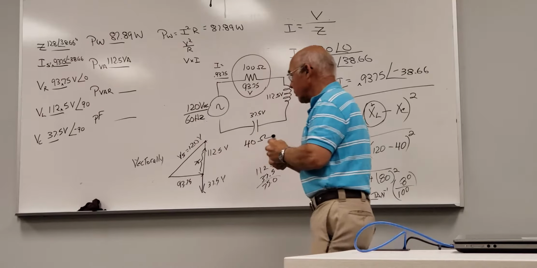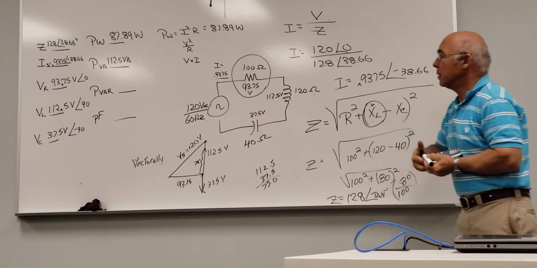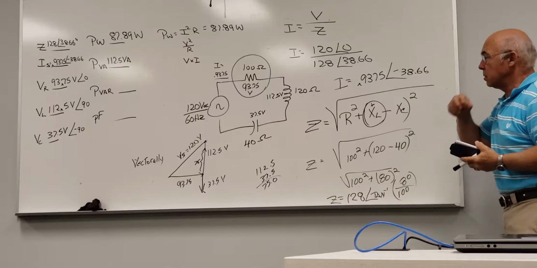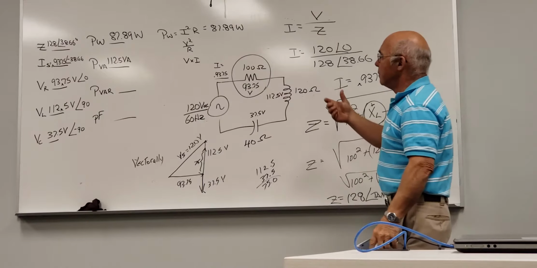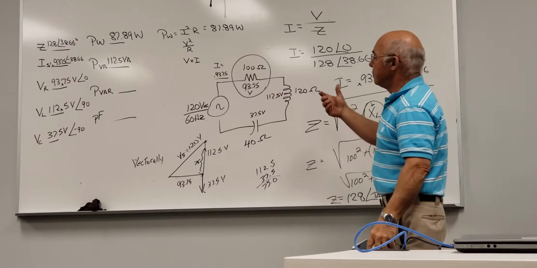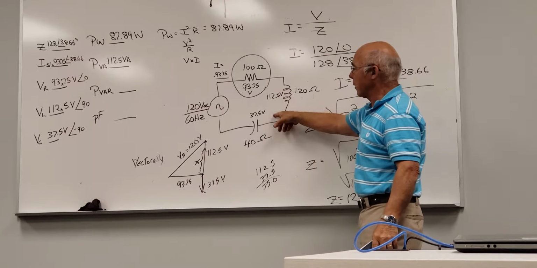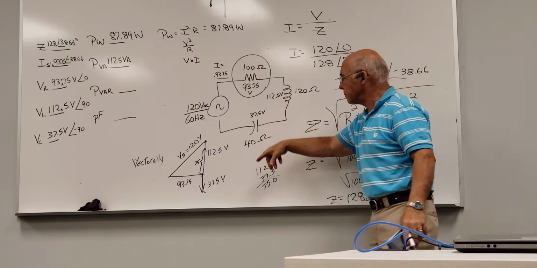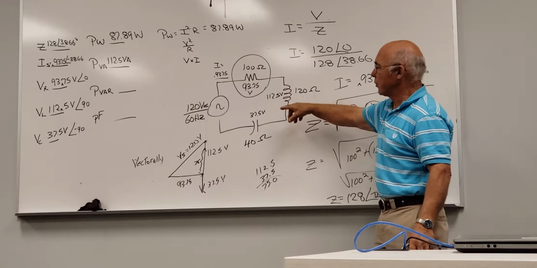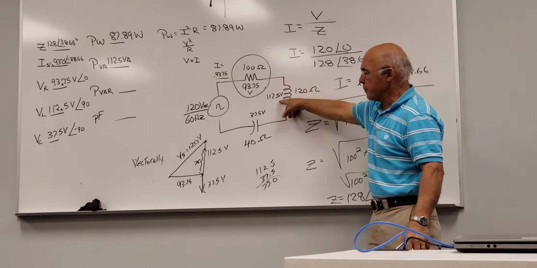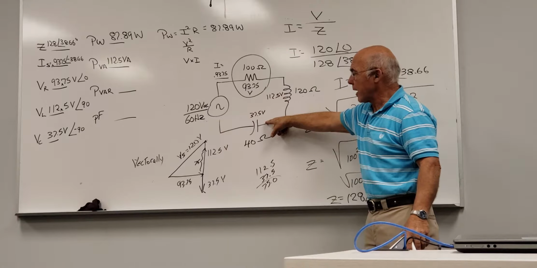The volt amperes reactive is the difference in these two powers. You can compute the two powers separately and then subtract them. The reason you would subtract them is because when this one is taking power, that one's providing power.